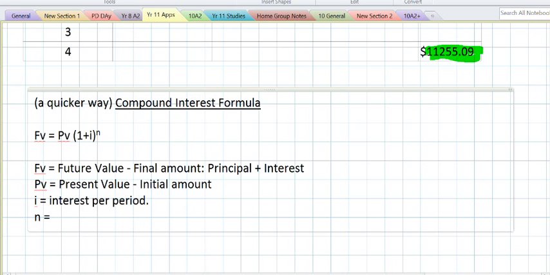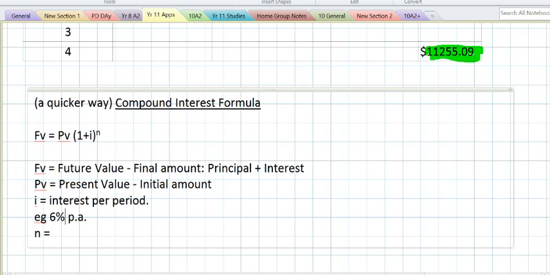Alright? So if it was 6% annually, and we write annually quite often as p.a., if it was compounded monthly, so I'm going to put an example in, 6% per annum compounded monthly, the I would equal the amount of interest in each month.